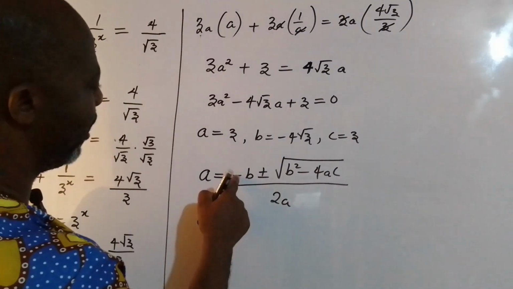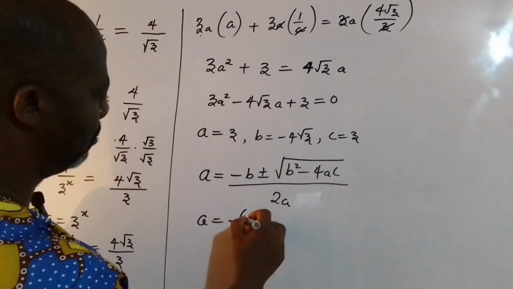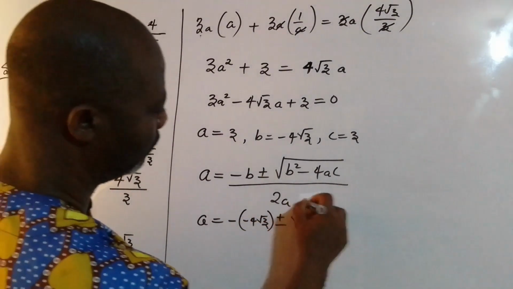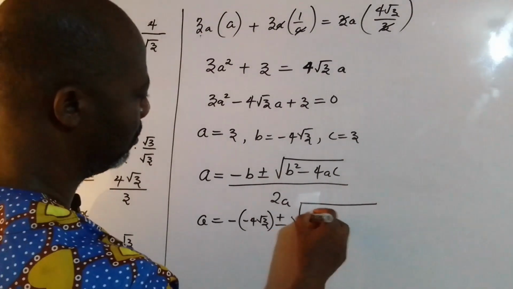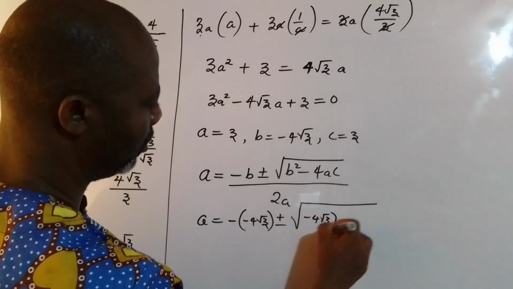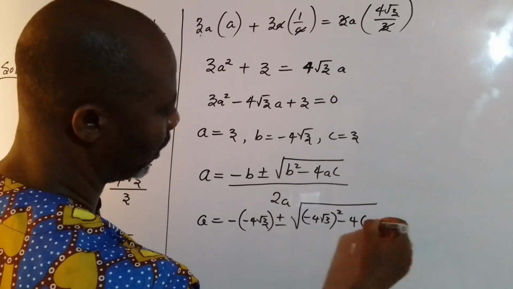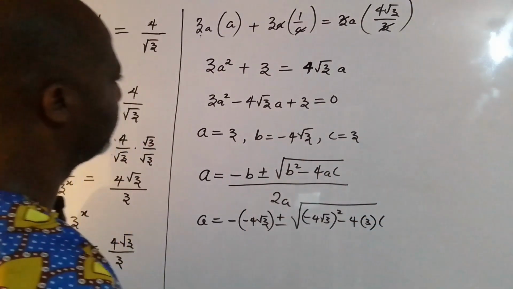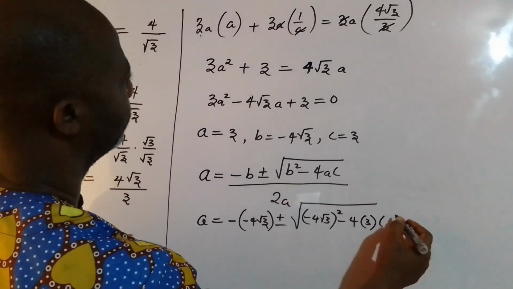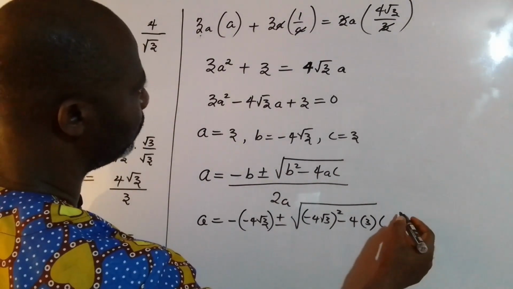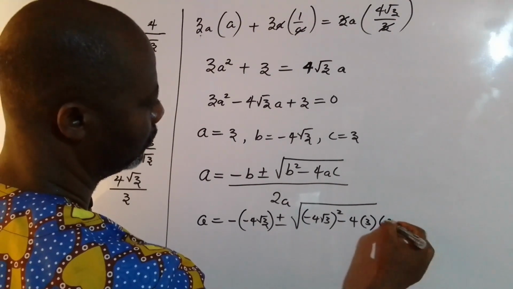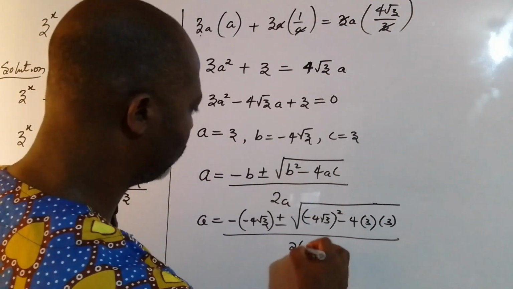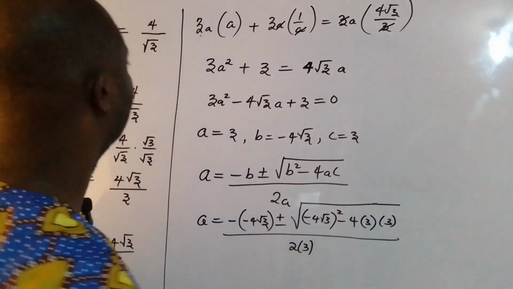We have minus minus 4 root 3 plus or minus square root of minus 4 root 3 all squared, then minus 4 times 3 times 3, all over 2 times 3.